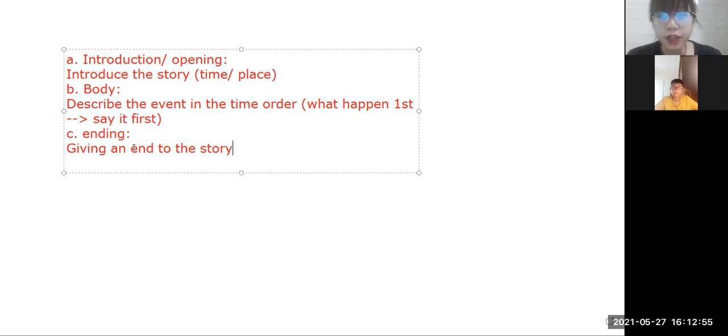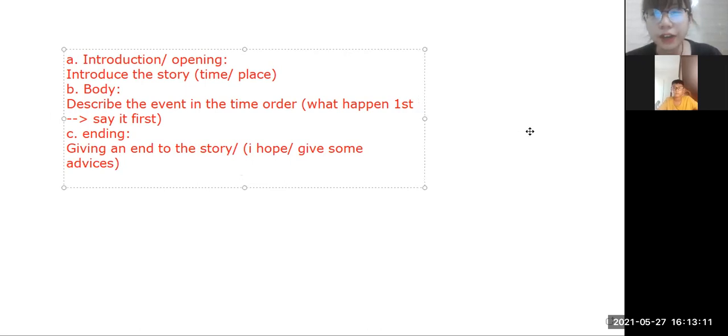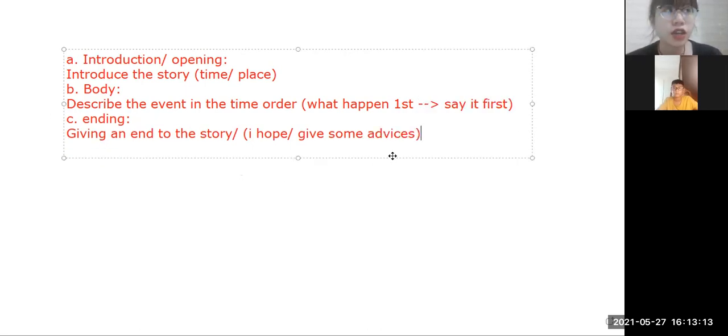Or sometimes you can say I hope, or you can give some advice in the story also. Okay, so that is the general outline of the narrative paragraph.